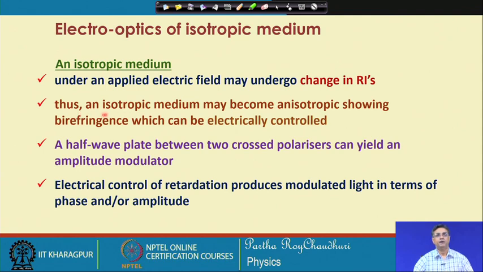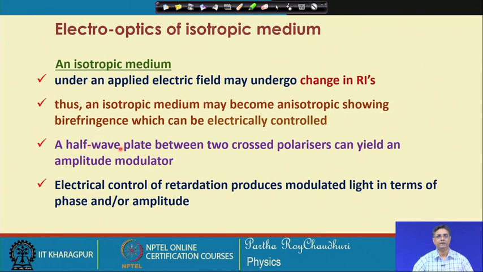So, an isotropic medium may become anisotropic, showing birefringence, and because this birefringence is due to the electric field, the electric field can control the strength of the birefringence. That is, by changing the electric field, we can change the birefringence property, and hence the delay and all other properties related to this birefringence.